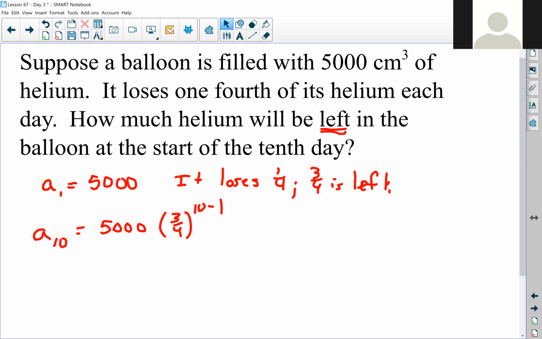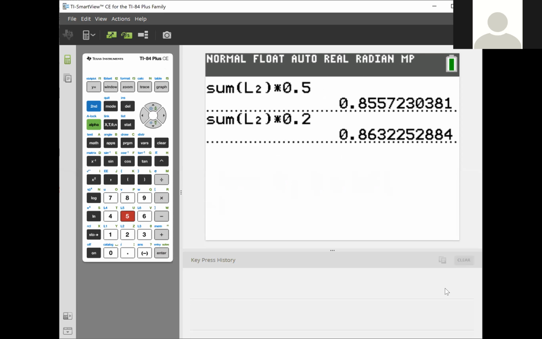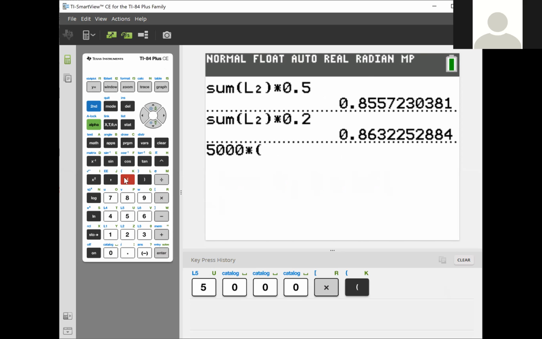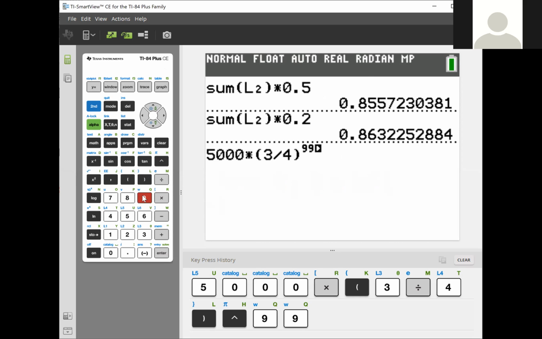And if we use our calculator to figure that out, $5,000 times 3/4 to the power of 10 minus 1, which is 9, not 99. That wouldn't be good.